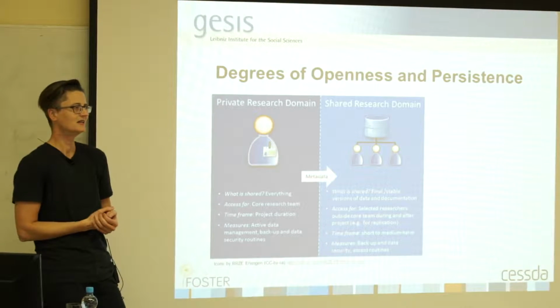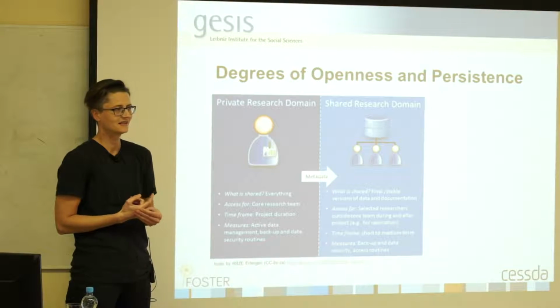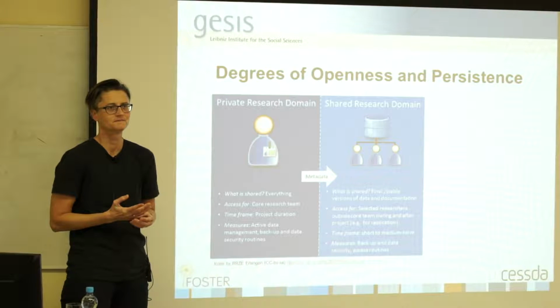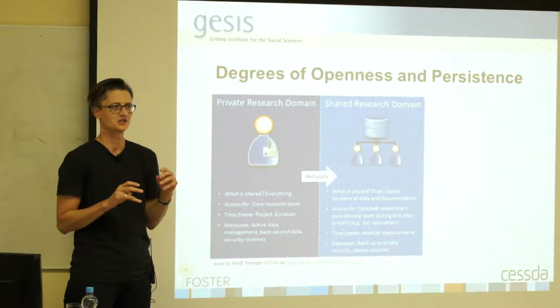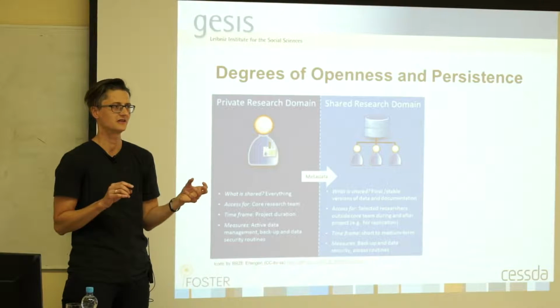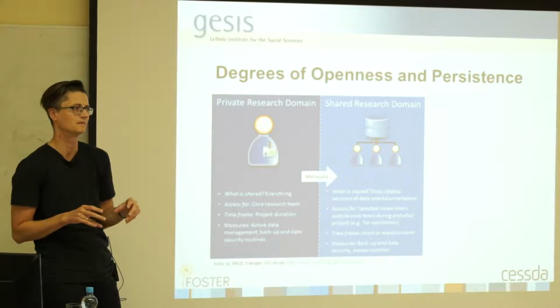Then the next domain is called the shared research domain. And that is the domain where some of the project results are shared with researchers who are not part of the primary research team.